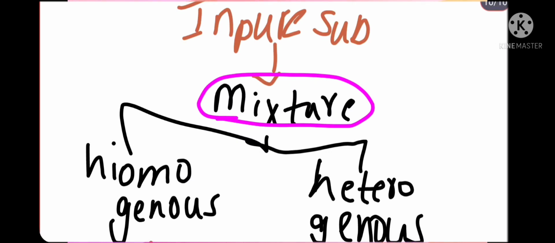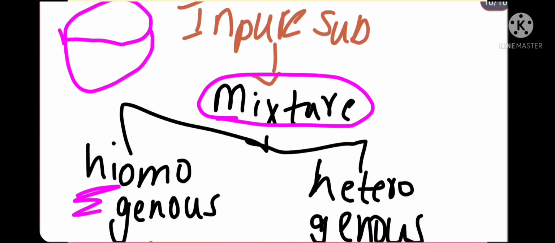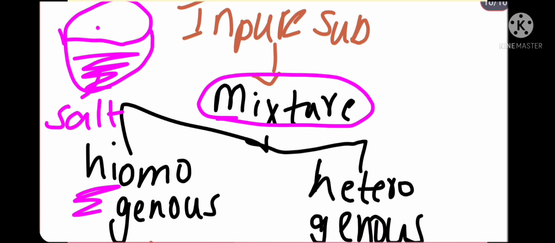For the homogeneous type, the best example is to take a beaker, add some water, and also add salt or sugar. When you mix those two, can you separate the salt from the water, or the sugar from the water? You can't. These types of mixtures are called homogeneous.